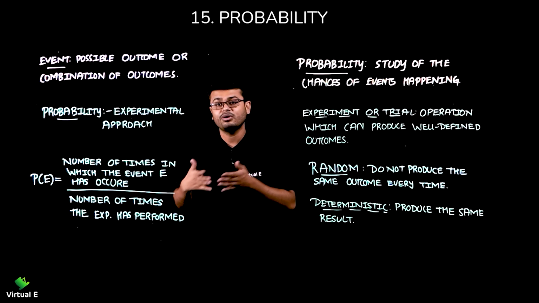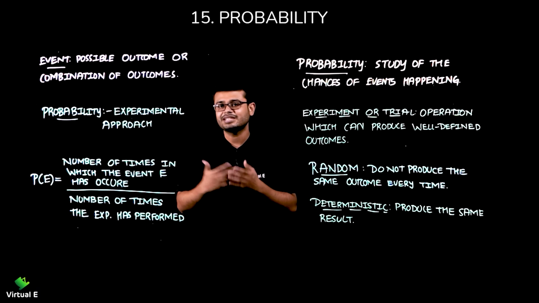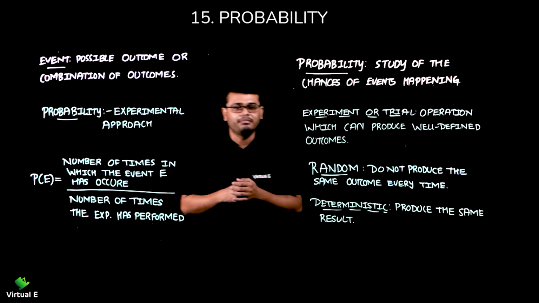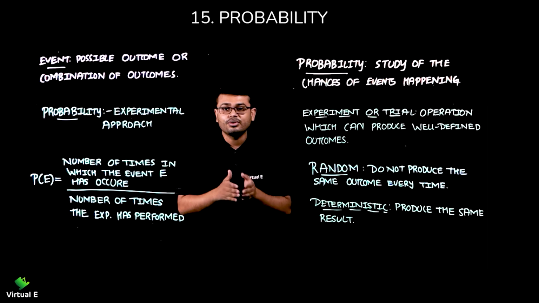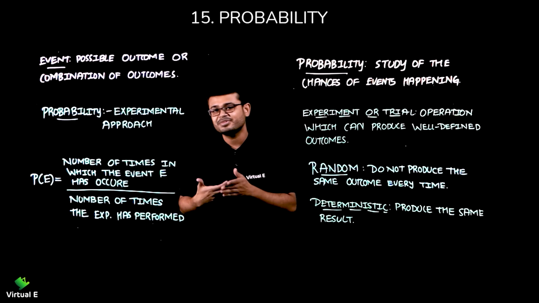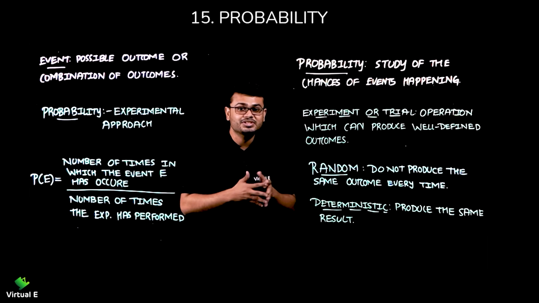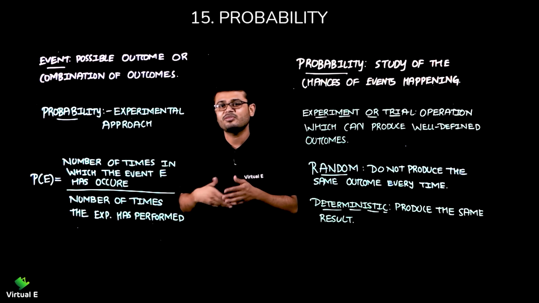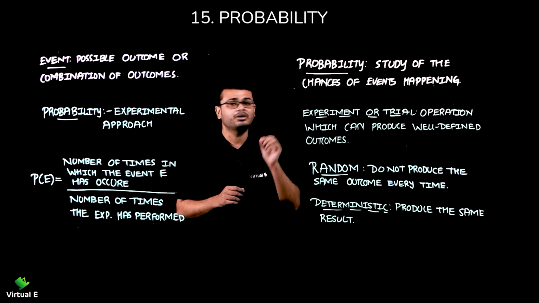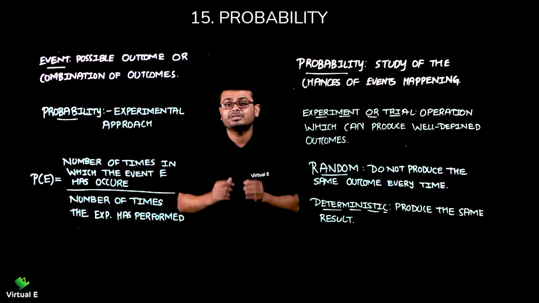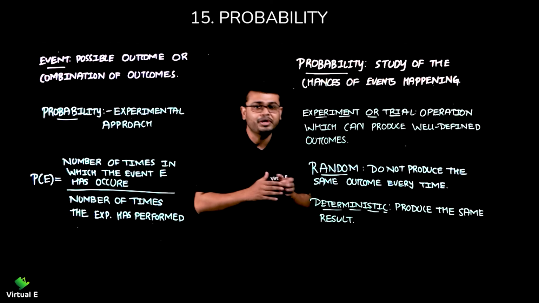Is it going to win or lose? We always keep thinking. That's the reason we watch the match, right? And we want to know 50% chances, 60% chances, 90% chances, 0% chances, or maybe 3% chances as well. So it's all about that. We want to know about the chances, that is it going to happen or not.